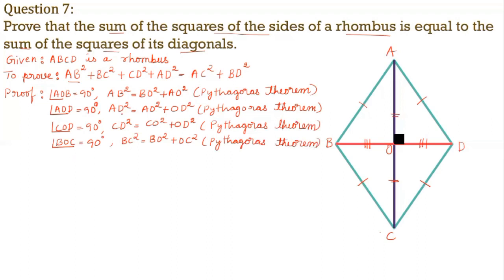Now, what we have to prove? AB square plus BC square plus CD square plus AD square on the left hand side is equal to AC square plus BD square. Now here we have AB square, AD square plus CD square and BC square, and on the right side we have BO square, AO square, OD square and CO square.